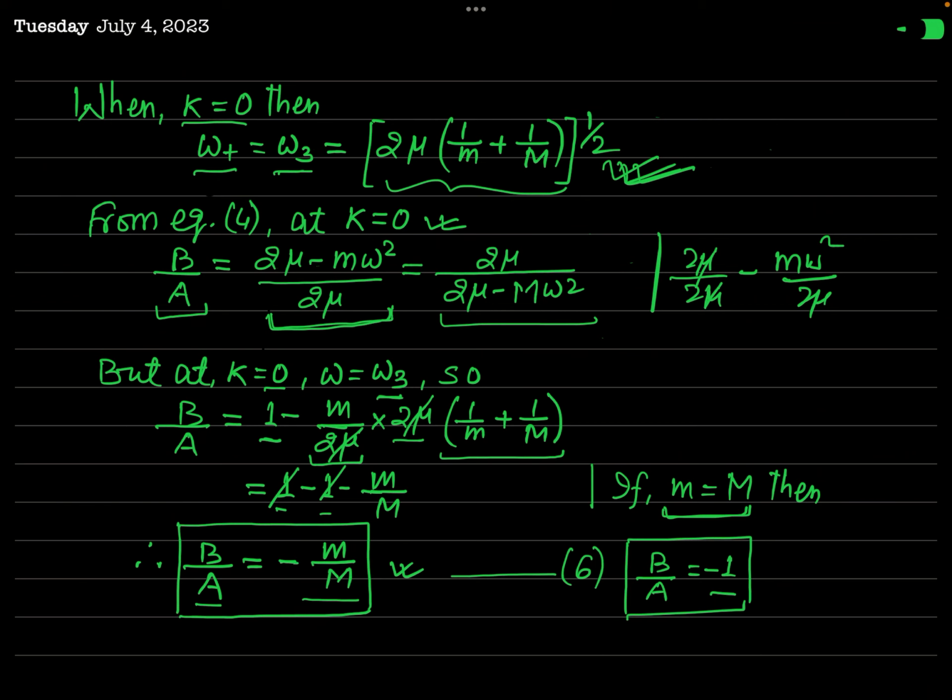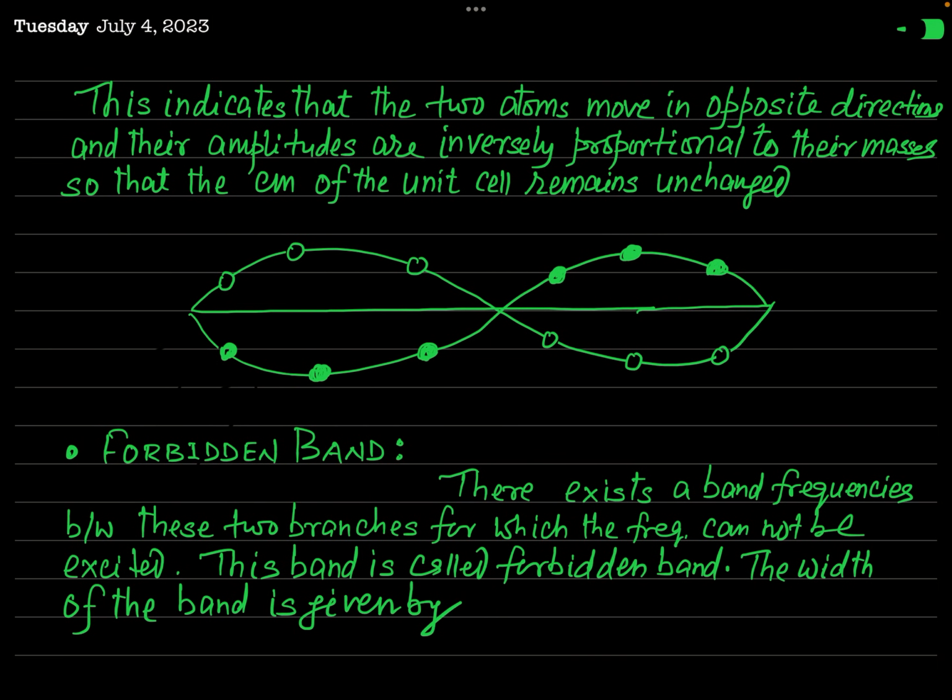This minus sign implies that the vibration of both the atoms takes place in opposite directions. As you can see in this figure, this hollow small sphere and this solid sphere denote the two types of atoms. If one atom is moving up, then the other is moving down. So this indicates that the two atoms move in opposite directions.